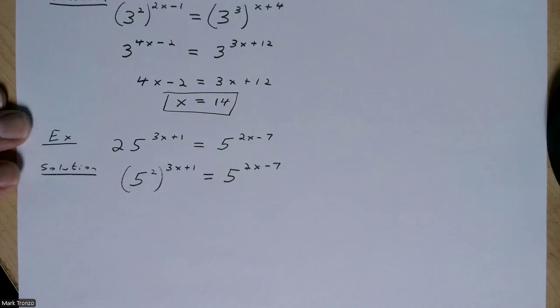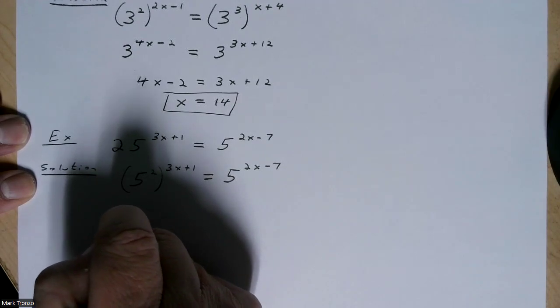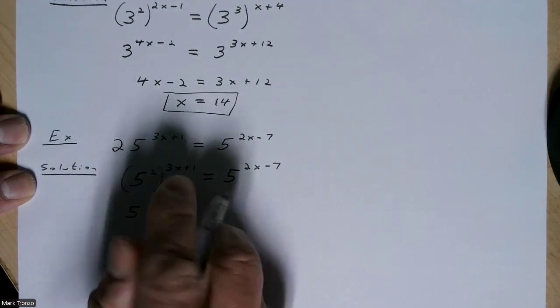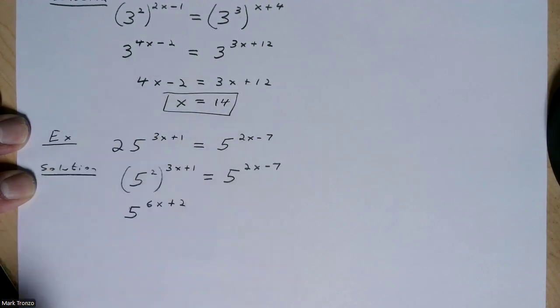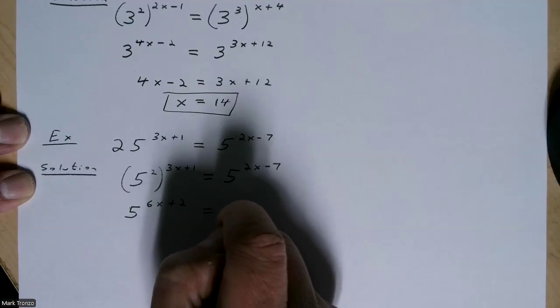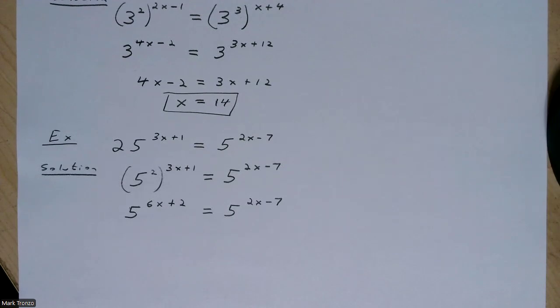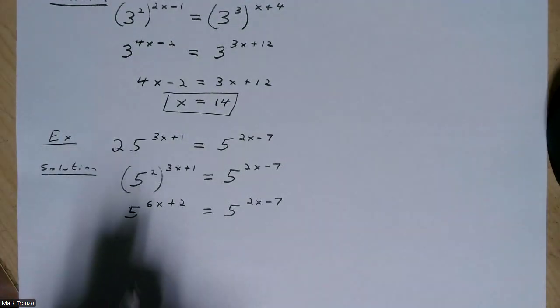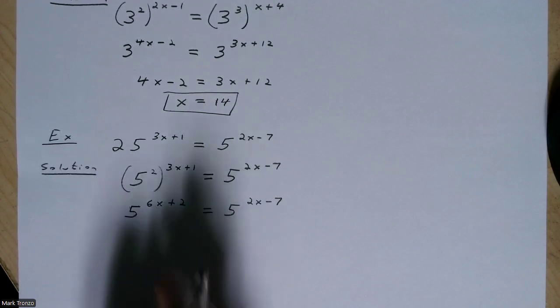Right-hand side, we have this. Again, if we multiply the exponents, 2 times this is 6x plus 2, 5 to the 2x minus 7, like this. Again, since the bases are the same, the exponents are going to be equal.